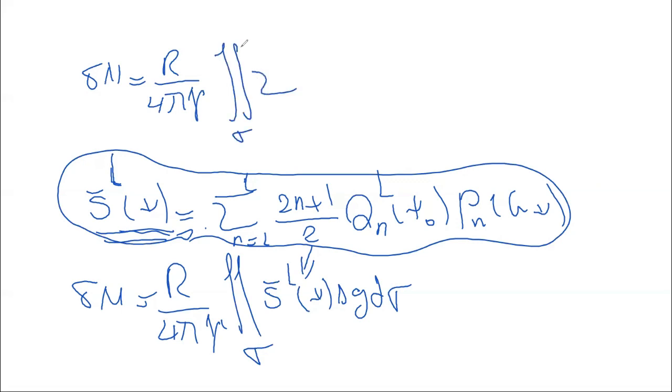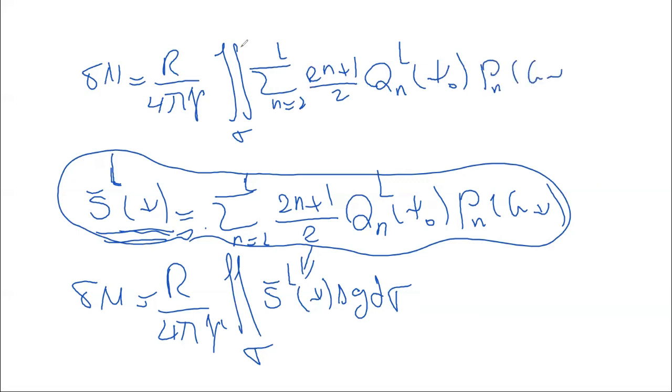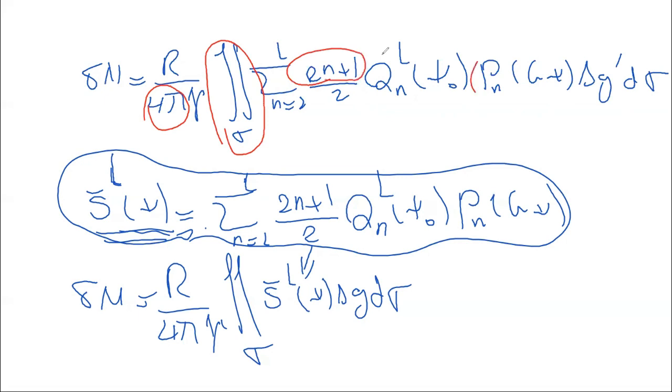Now the spectral form comes in, sum 2 to L, 2n plus 1, QnL psi, Pn cosine psi delta G prime d psi. And again, we have 4 pi here, we have integral here, we have 2n plus 1 here, Pn cosine, and then I can write that this is delta Gn.